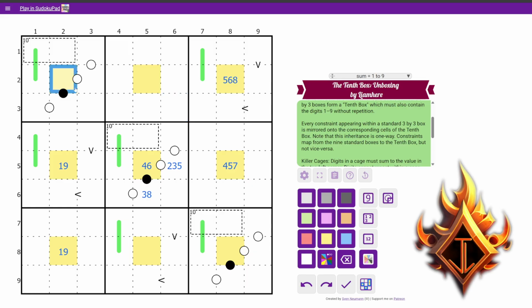Okay, so maybe I have to think about all of these black dots. I just said this could not be 9, so it can be 7, 2, or 4.